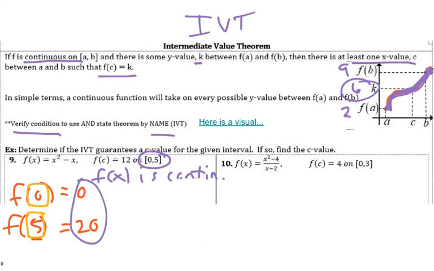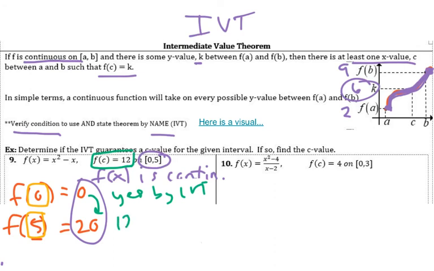This particular question is asking us, is there some value of x between 0 and 5 that gives us the value of 12? Well, there has to be. If I'm going from 0 up to 20, at some point, since this is continuous, I have to pass through 12. So the answer is yes by IVT. And it says, if so, find the c value.